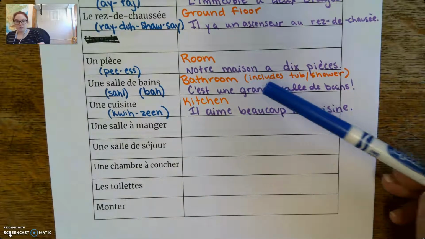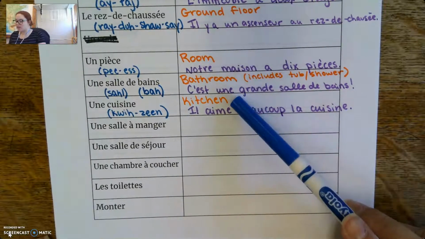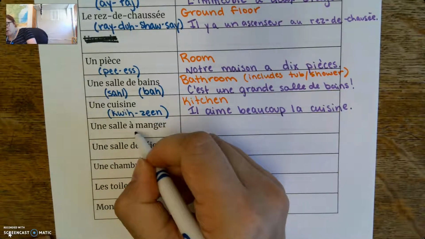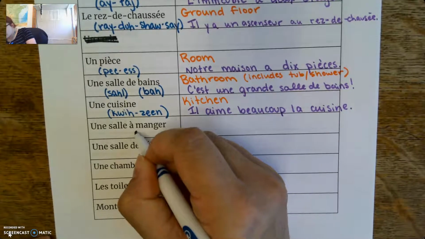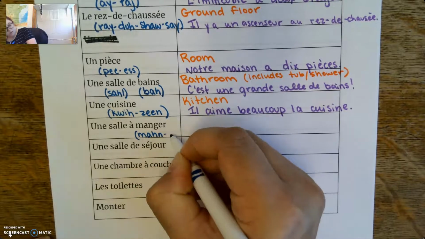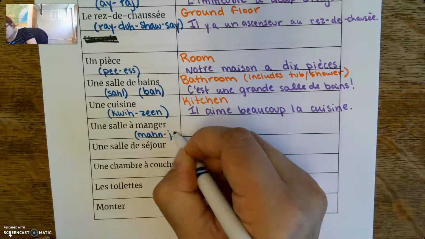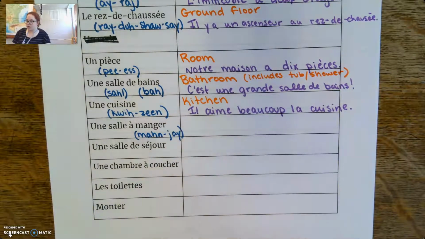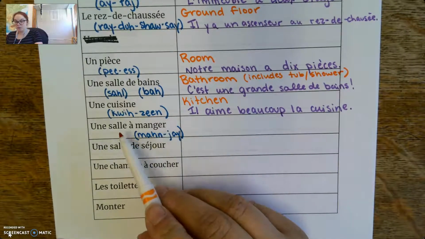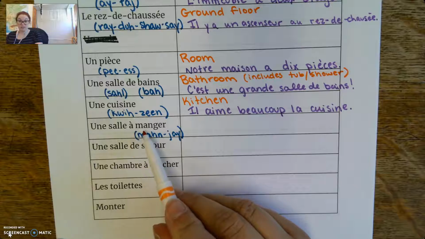So once you're done in the cuisine with your food, you might take it to that salle à manger. So we know how to say salle from up here. And then say manger. Manger. And manger is an ER verb, if you're looking at that. So that actually means to eat. So the room for to eat.